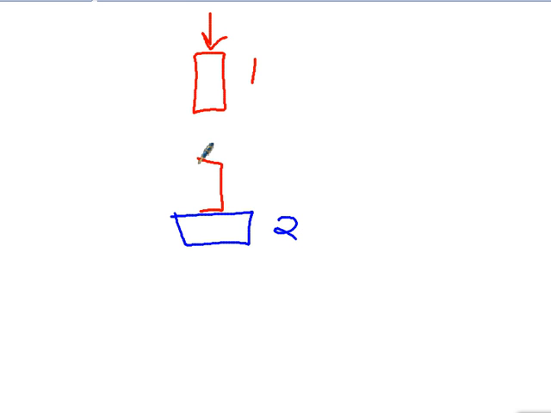Let's look at this with the automobile accident that we've been investigating. We had two cars. Car 1 that was moving in this direction. We had car 2 that was at a stop perpendicular to car 1. When car 1 reached car 2 and made contact, car 2 moved to here.